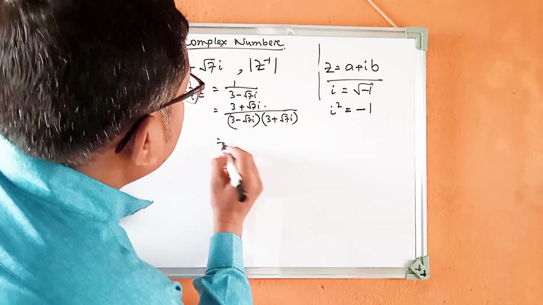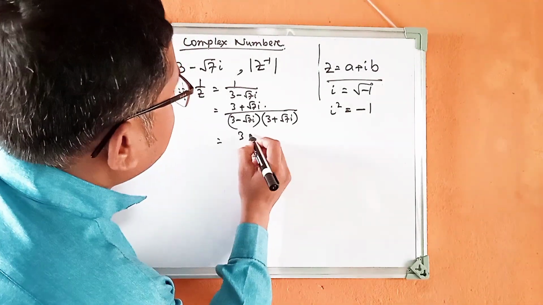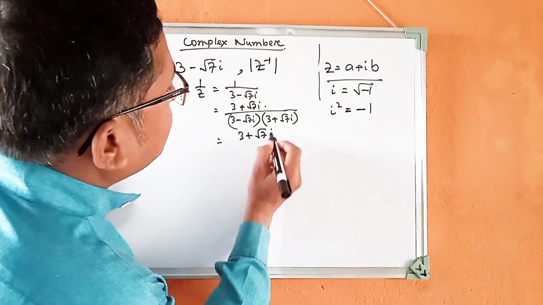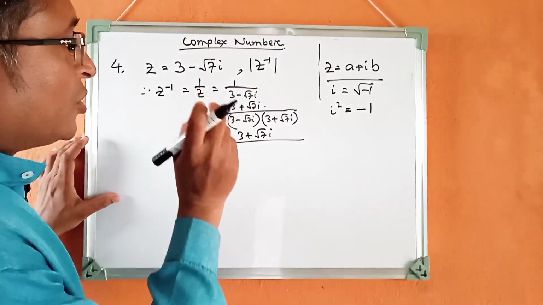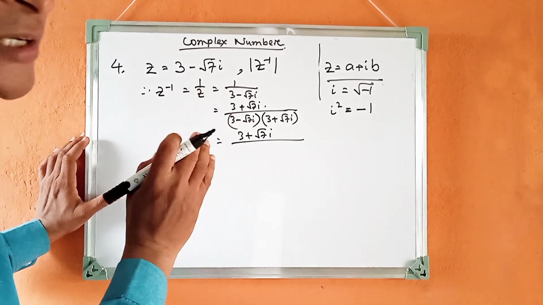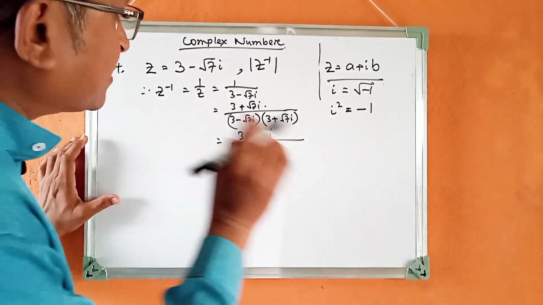Now see what happened. 3 plus root over 7i in the numerator, and in the denominator 3 minus root over 7i into 3 plus root over 7i. See, (a plus b) into (a minus b), so directly use the formula, that is a square minus b square.